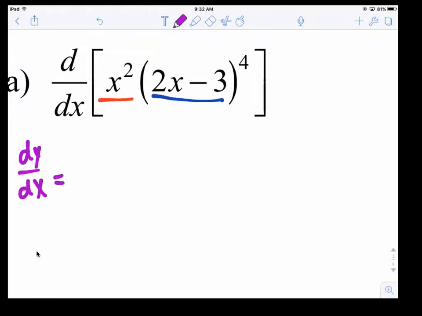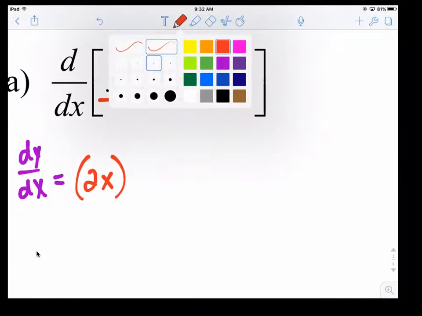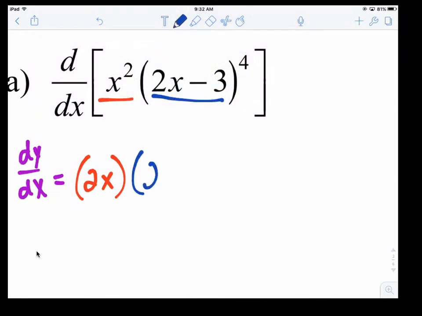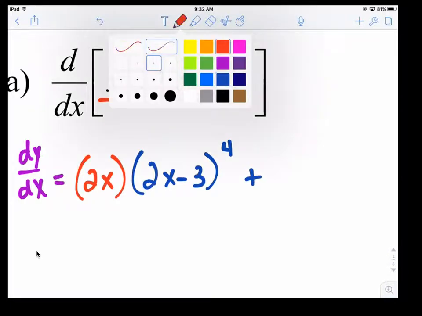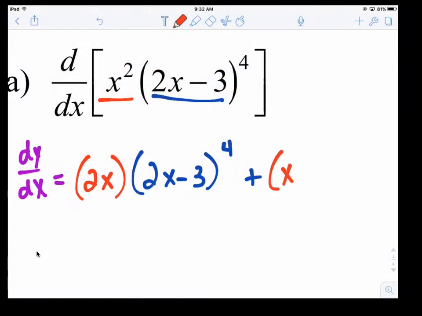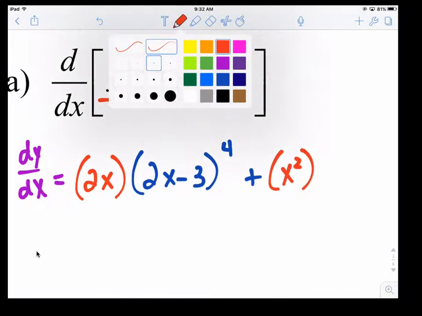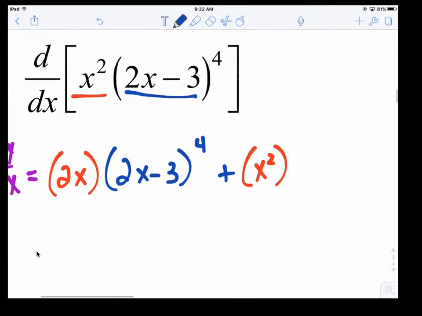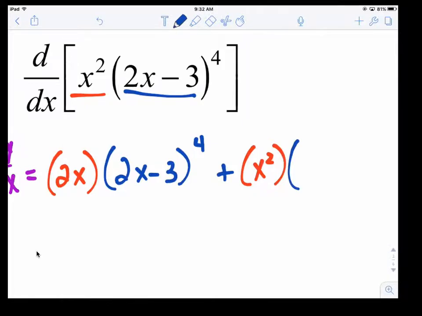So product rule, derivative of the first would be 2x times the second. So 2x minus 3 to the 4th, plus now first times the derivative of the second, which is what?